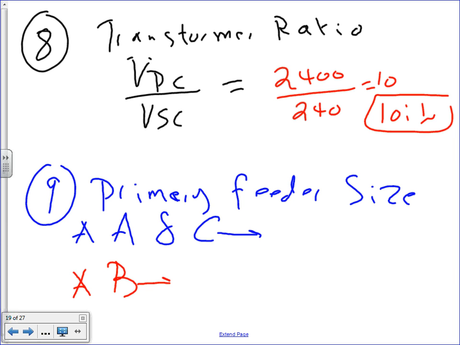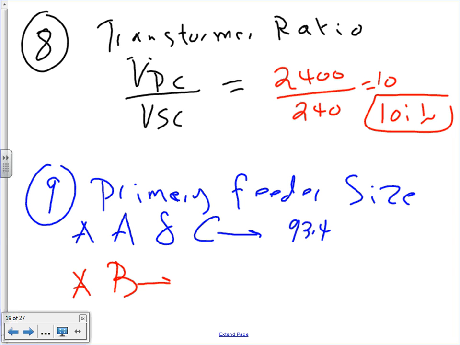Okay, let's go directly into sizing the primary feeder, guys. The first thing I want you to see is that for A and C, we have two sizes now, one for A and C and one for B. Everybody knows why? So for A and C, what was the current? It was 93.4 for A and C, right?